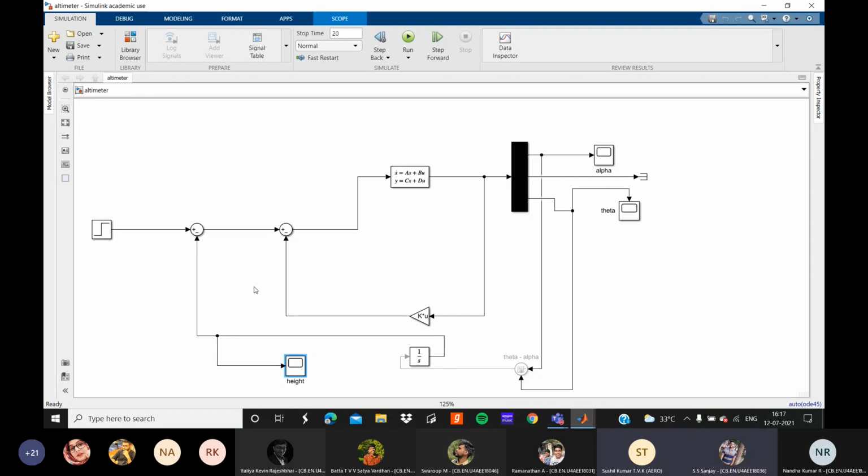Take two different transfer functions, one for alpha and one for theta. Generate the output and then try to get the height variation. Subsequently I would like you to do some root locus analysis of the whole problem. That will give you a better feel of how things are working.